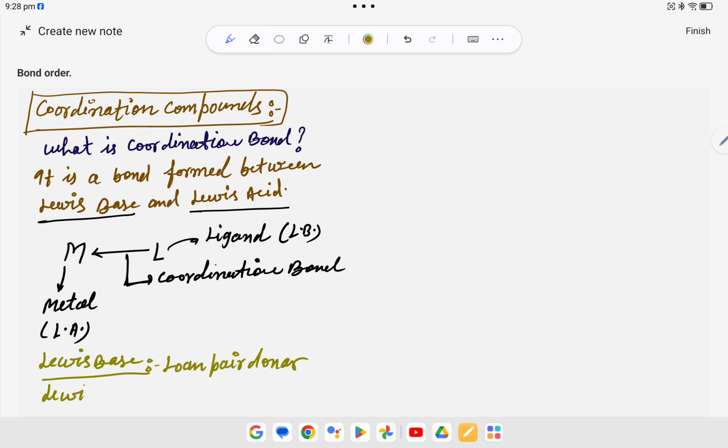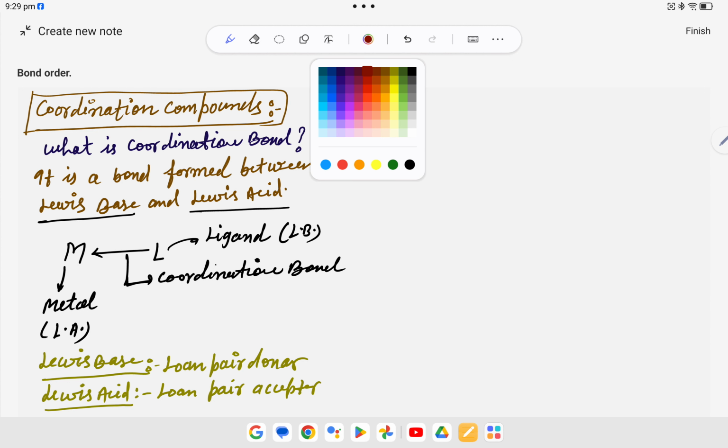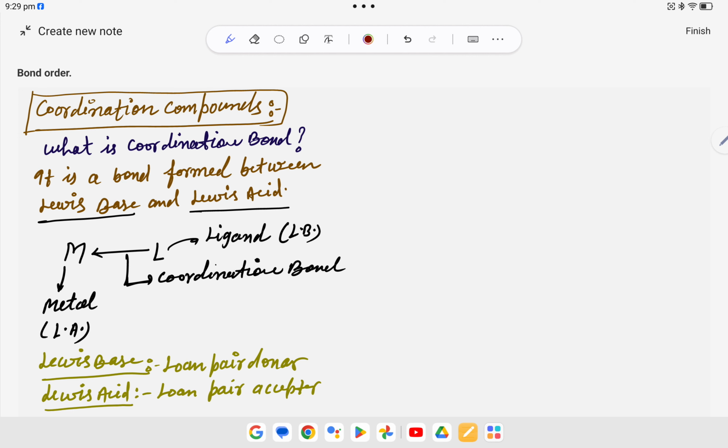And Lewis acid: lone pair acceptor. Okay, lone pair donor species are Lewis bases, and lone pair acceptor species are Lewis acids.